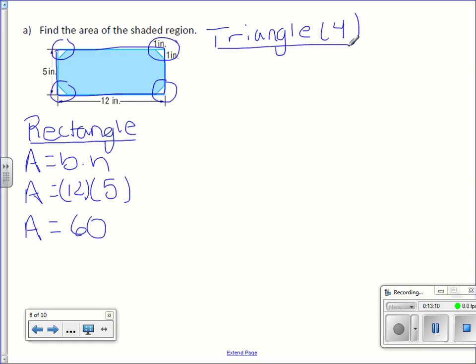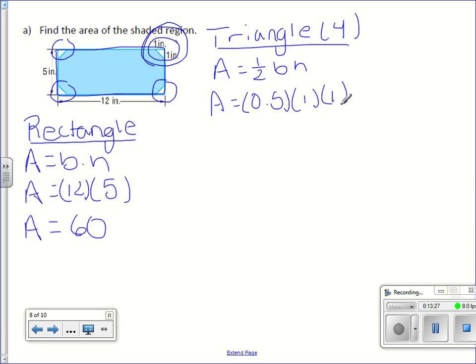Well, it has right in this corner the length and the width, or base and height, of our triangle. So area equals 1/2 base times height. Area equals 0.5 times a base of 1, a height of 1. Multiply those together, you get area equals 0.5.